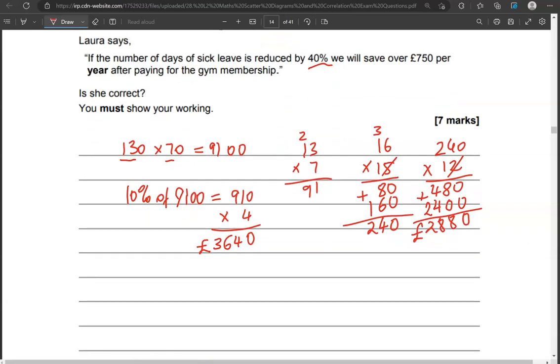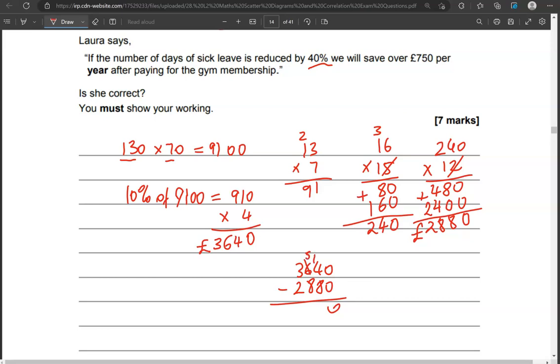Now, this is the figure that we're going to compare with the £2,880. So £3,640 take away 2,880. We're taking away 8 from the 4, which means we're going to borrow 1 from the 6.